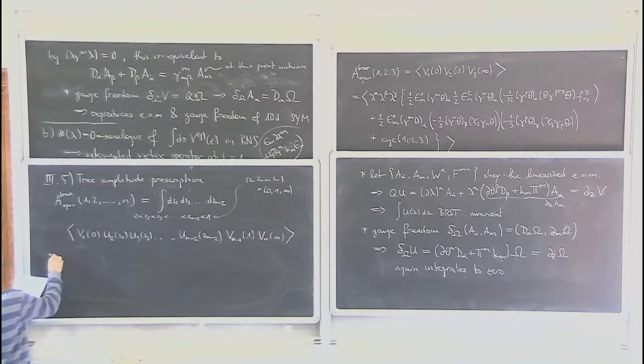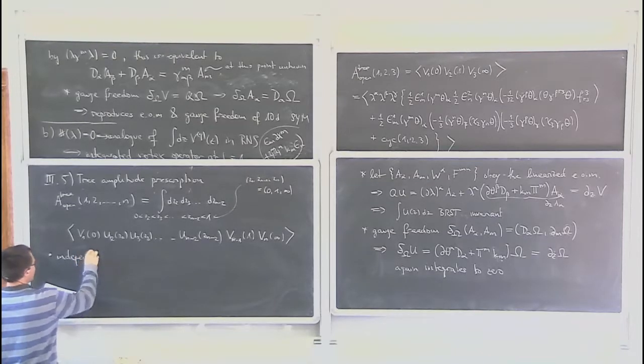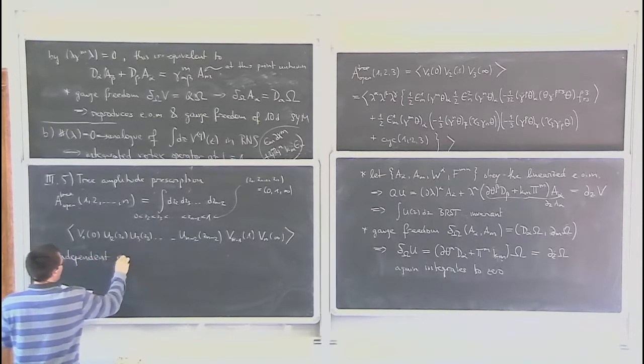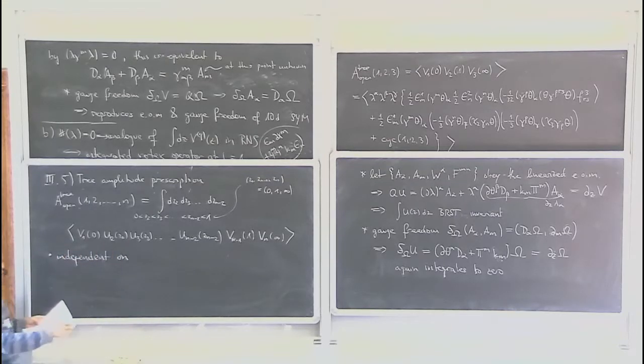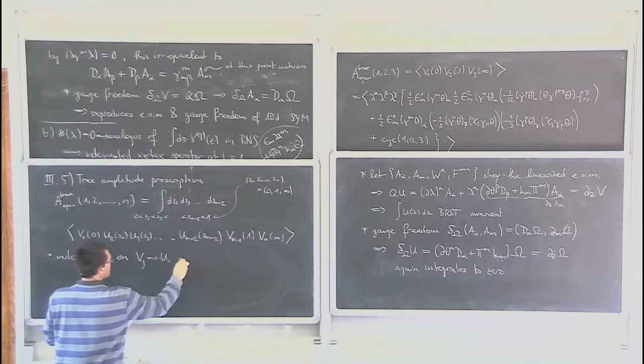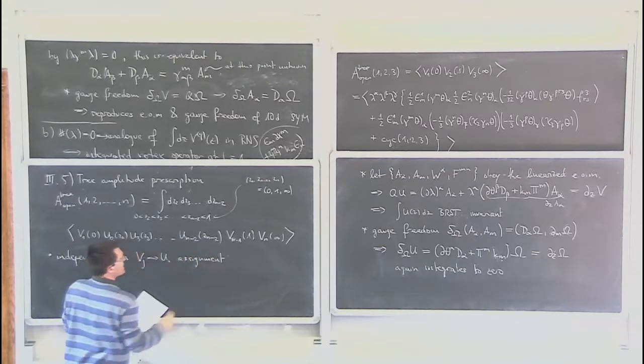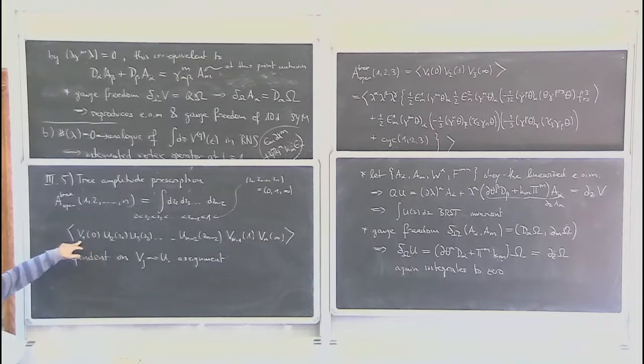Amusingly, as I was already telling you before, this expression for the n-point amplitude is independent of how you distribute the V's and U's. Of course, you must use a total of 3 position-fixed vertex operators, but it doesn't depend on which of the 3 legs you choose that are represented like that.